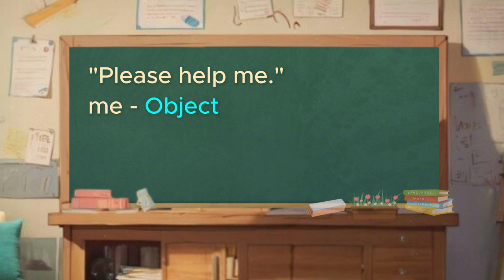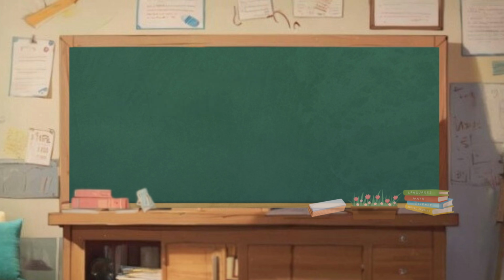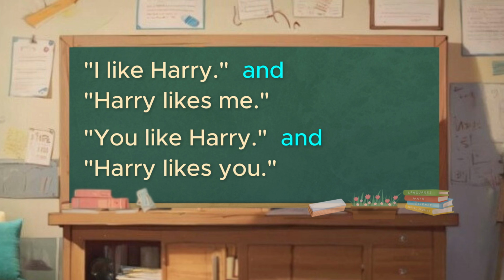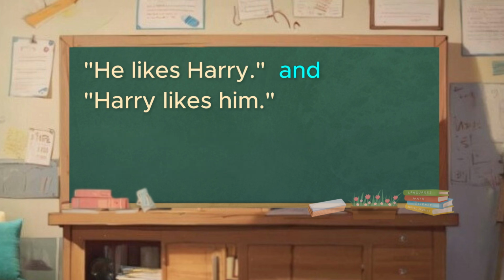Don't worry if this sounds tricky, I'll give you lots of examples to help you understand. Ready? Let's run through these examples. I like Harry, and Harry likes me. You like Harry, and Harry likes you. He likes Harry, and Harry likes him.